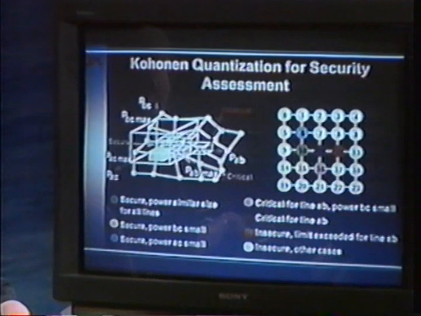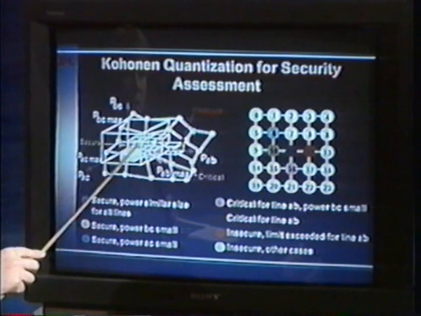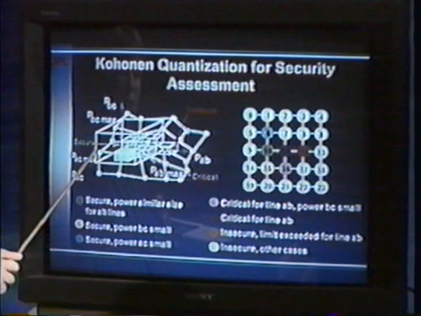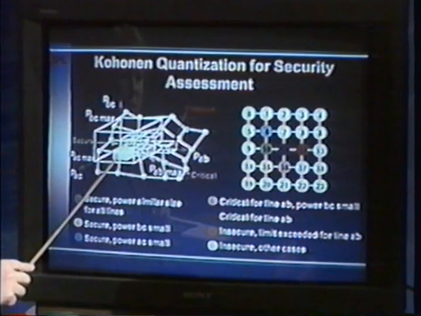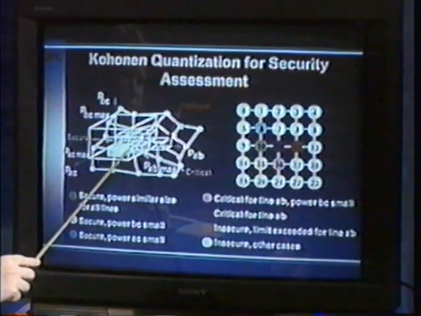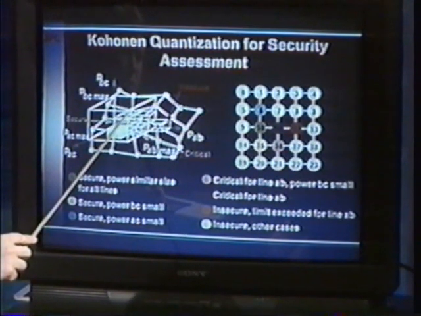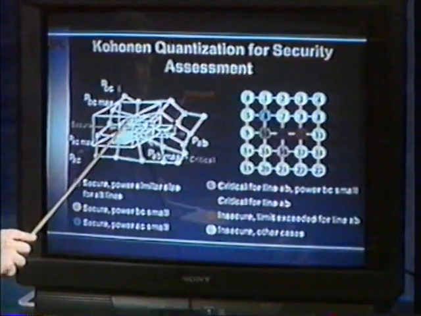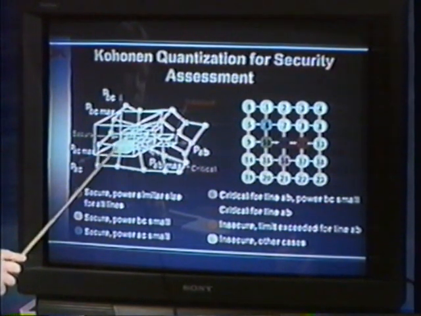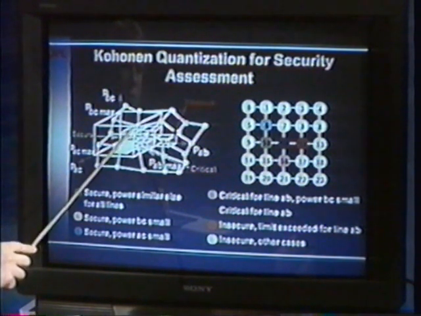And we are going to quantize our operating space by small cubes, and we will place the neurons of our Kohonen map in the centers of our small typical parts of our security cube, and then we can label our neurons according to our cube. So we have our blue neuron here, we have a green neuron here, and a yellow neuron here. And depending on where the weight vector of our neuron is located, we will have a secure neuron where the power is a similar size for all lines.